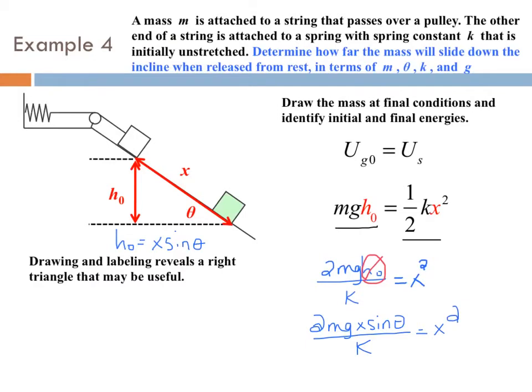And so then I notice one of my x's will cancel out. So it's a good thing we didn't square root earlier. And then our final equation will just be 2mg sine theta over k is equal to x, the distance moved down the ramp.